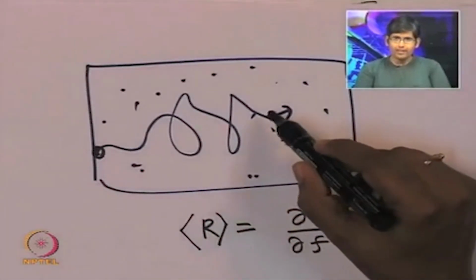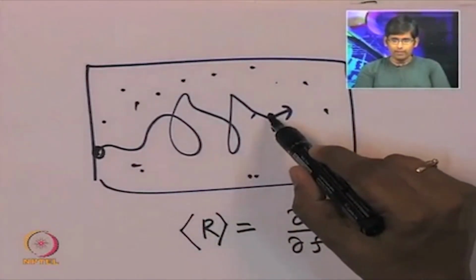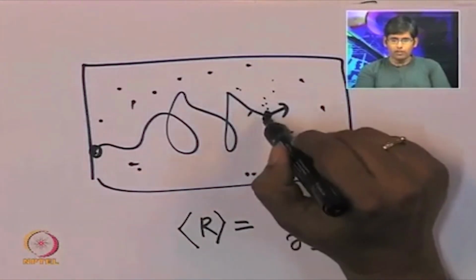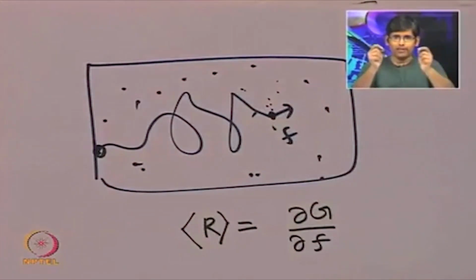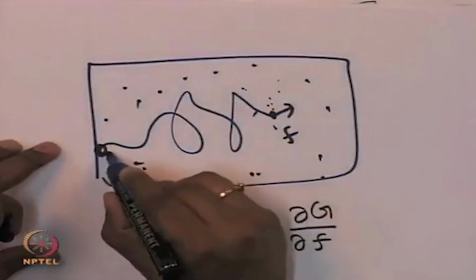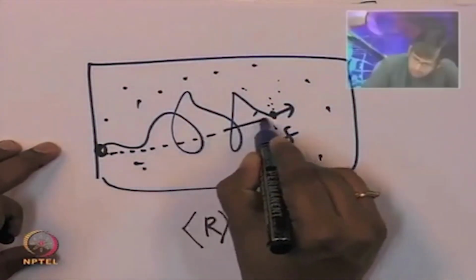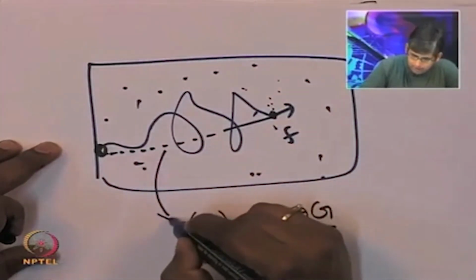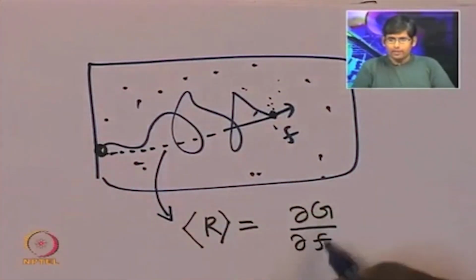If you imagine you hold this end of the DNA, there will always be thermal forces on it and the end will fluctuate a bit. So, what you will be calculating is the average of this fluctuation, the average end-to-end distance. So, r here is the end-to-end distance, this dotted distance, and this can be calculated by taking the derivative with respect to force.